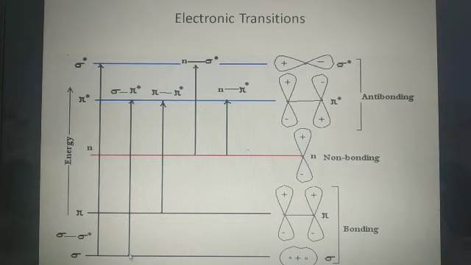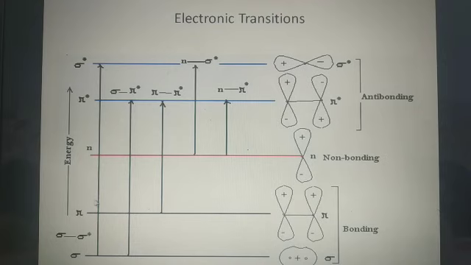that from sigma to pi star, the distance is lesser than to the sigma star. So we need lesser energy for the excitation. Lesser energy means a little longer wavelength. Suppose for methane, as earlier said, sigma to sigma star is 125 nanometer.